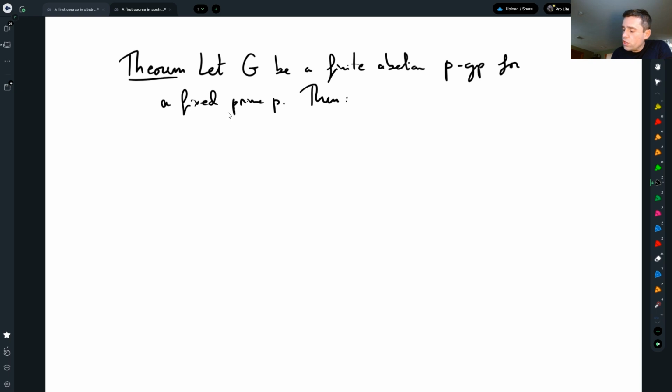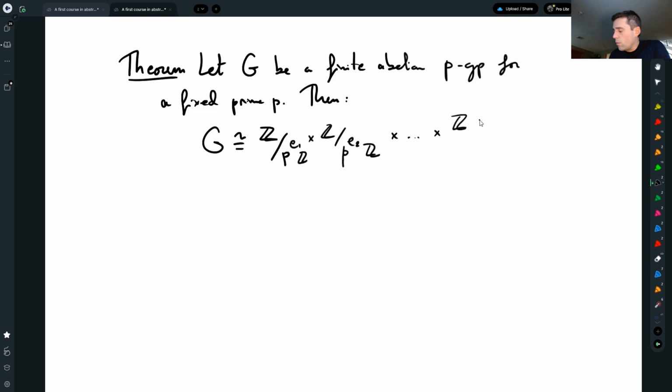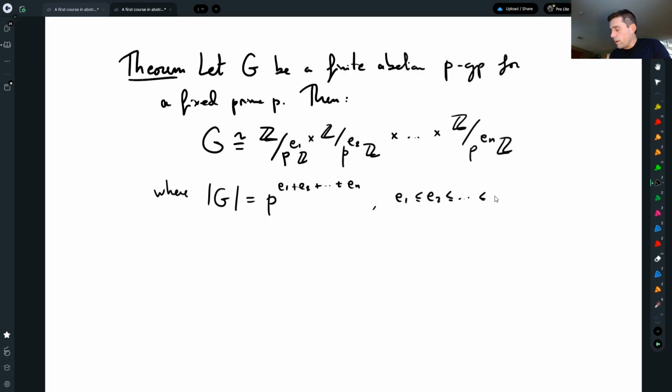Then G is isomorphic to a direct product of Z modulo p to the e1 Z, cross Z modulo p to the e2 Z, cross, up to Z modulo p to the en Z, where the size of G is p to the e1 plus e2 plus up to en, and we're going to order these in increasing order, and e1 is less or equal to e2 is less or equal to en.